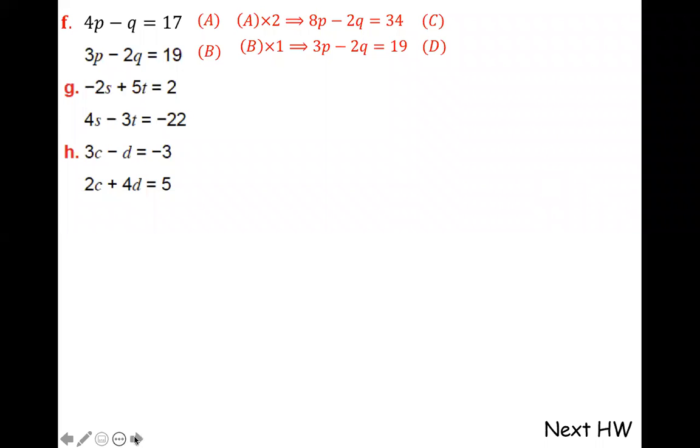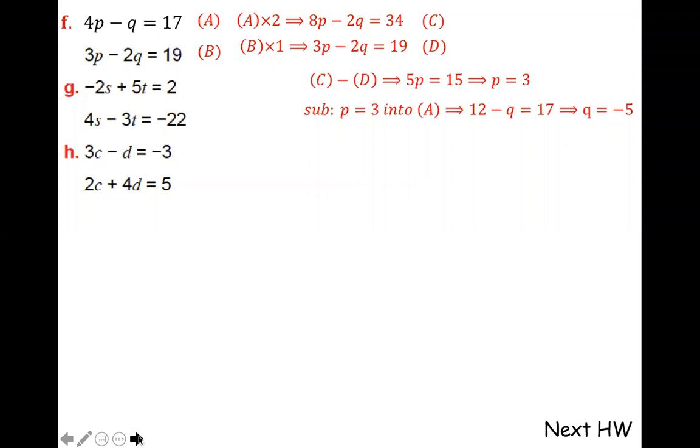So you get 8p minus 3p, which is 5p, and 34 minus 19, which is 15. Then p is just 15 divided by 5, which is 3. Then I'm going to sub it into A. That means 12 minus q equals 17.